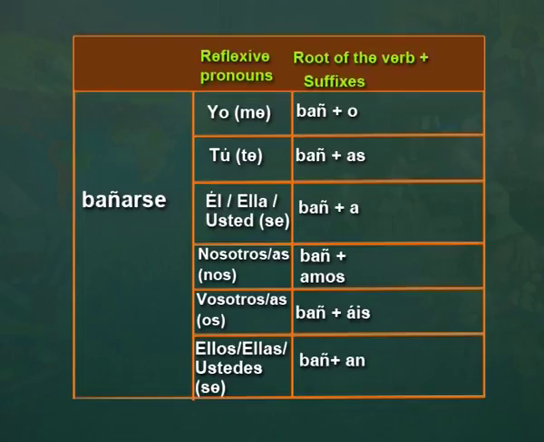If the subject in a sentence performs an action on itself, then the verb is considered to be reflexive. That means when any action done by the doer is reflecting on the doer itself, and the pronoun me, which is used here to receive the action, that is bañar, is reflexive, that is me baño.